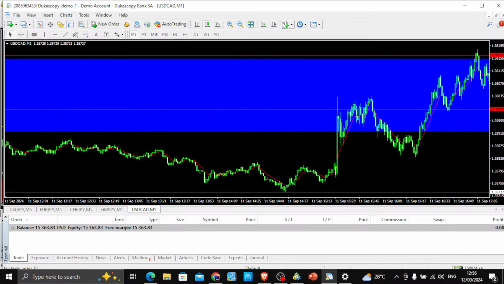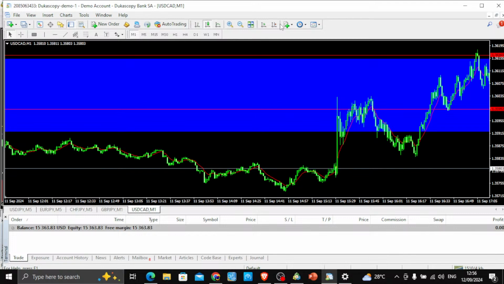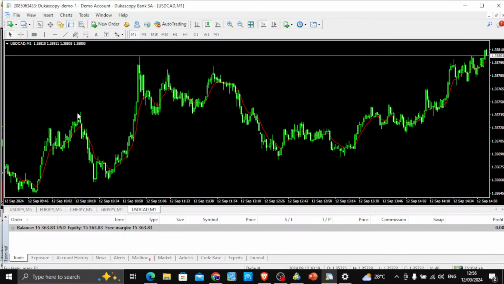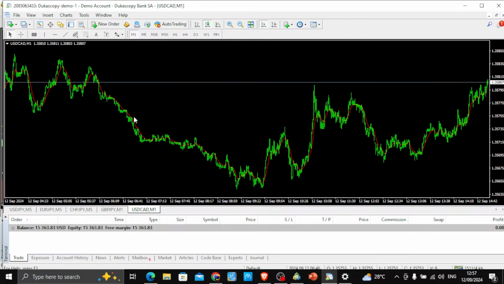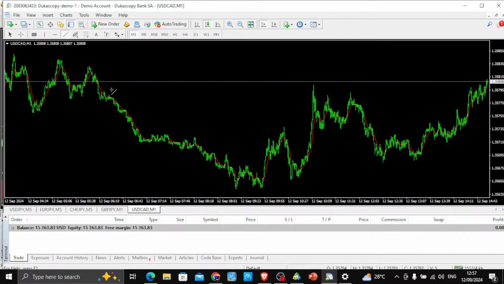Let's check what 1 minute is doing. On 1 minute, let's see. This was a kind of run down. When here was broken, it went up, came back within this area.